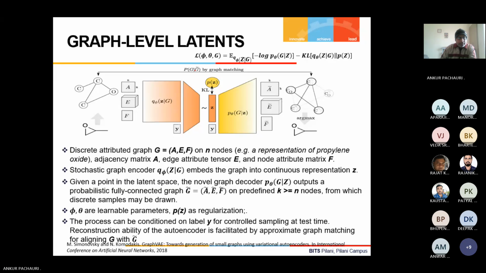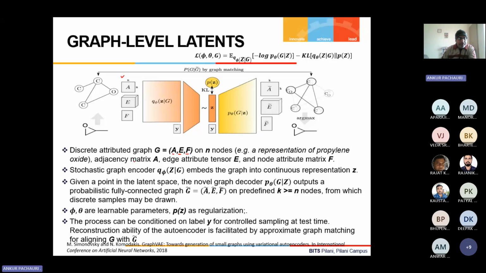They have a graph with an adjacency matrix of order n cross n, an edge set. The discrete attributed graph G contains A, E, and F for n nodes.